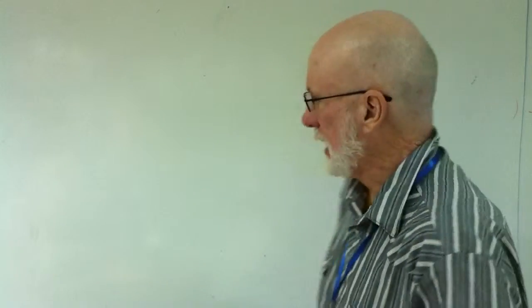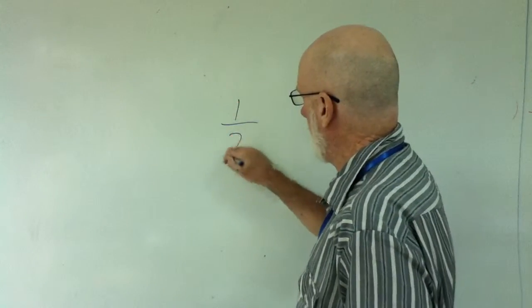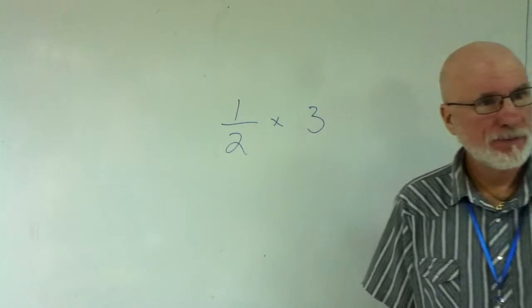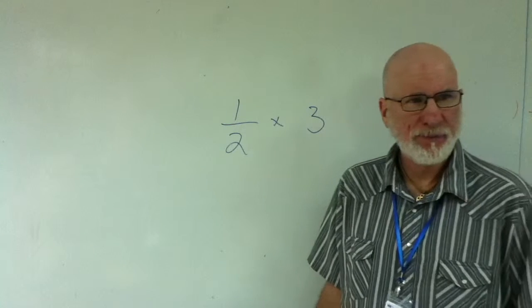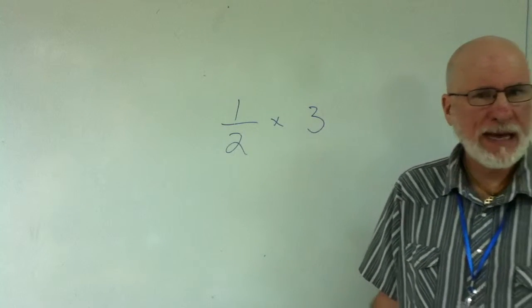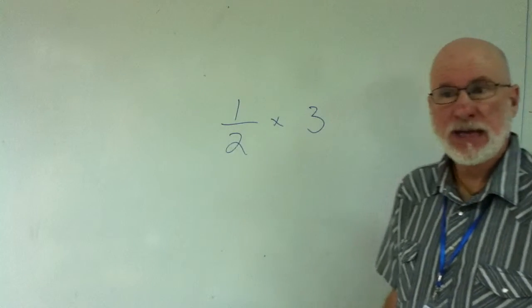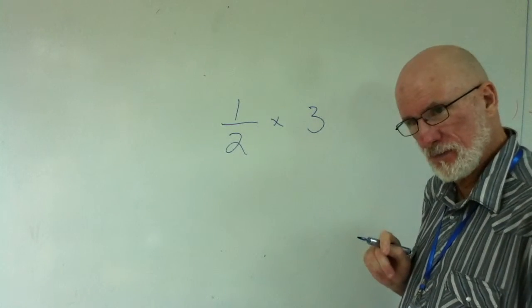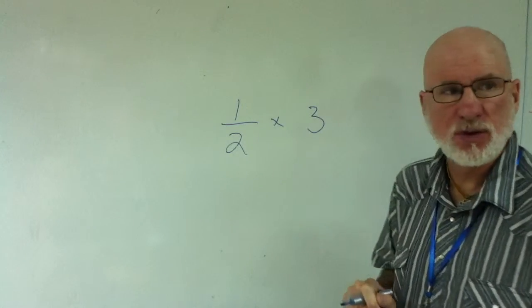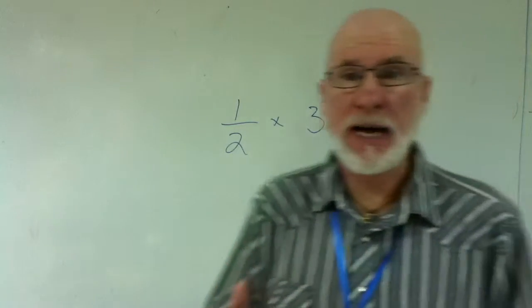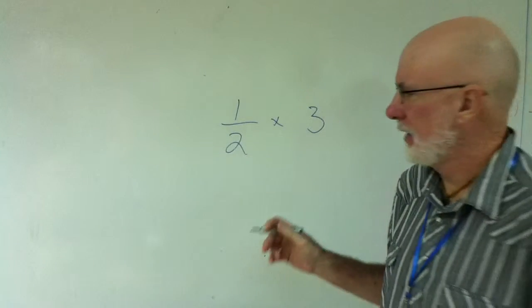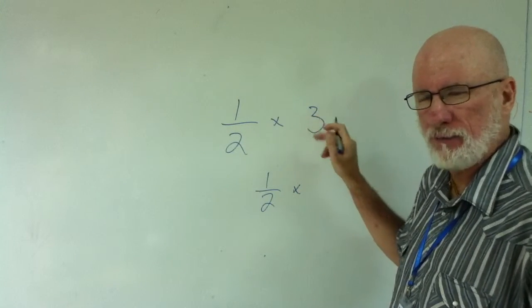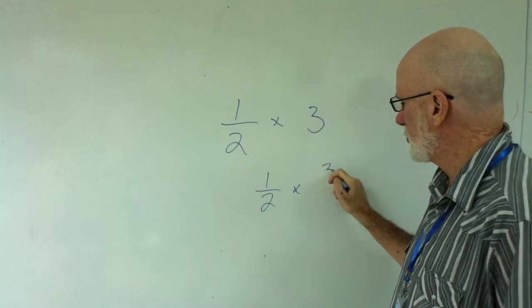For instance, you could say 1/2 times 3. Does anybody know the answer to that? What's 1/2 times 3? Well, let's apply some of the skills that we learned. We know that 1/2 is 1/2, and we know that 3 can be rewritten as 3/1.